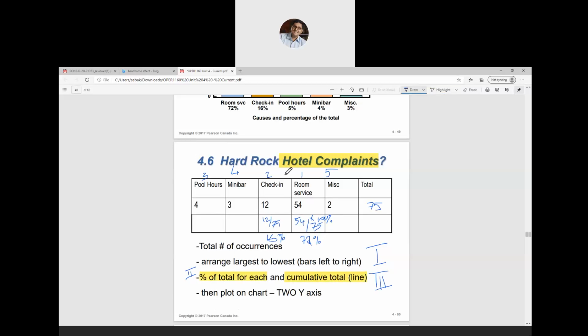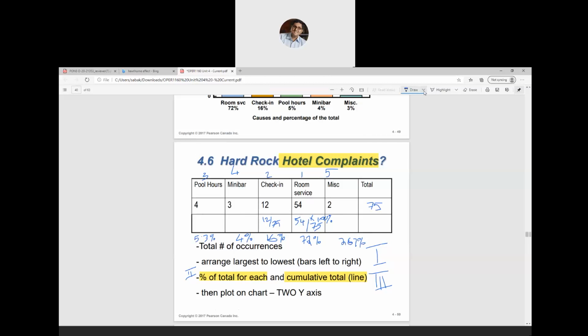Minibar is 3 divided by 75, which is 4 percentage. 4 divided by 75 would be 5.3 percentage, and the last one is the miscellaneous, which is 2 divided by 75 is 2.67 percentage. So in step 2, I just find out the percentage contribution of each of these items.